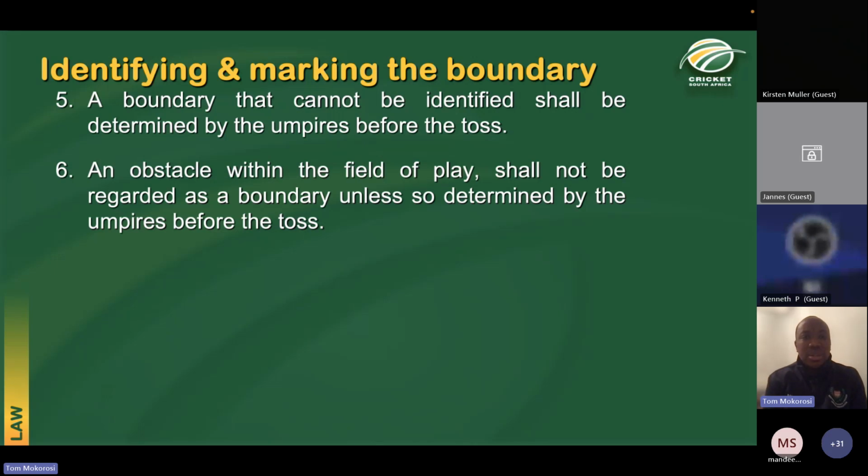whether it is along the ground or in the air, whether it is at the bottom of the tree on the roots or at the top of the tree in the leaves, it will be awarded boundary 4.